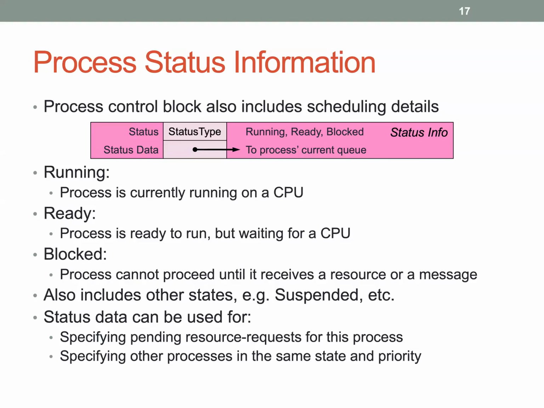If it's running, it may be in no queues because it's actually on the CPU, and the kernel, of course, knows that that process is running. So the status information can keep just one queue pointer for the process because the process is only going to be in one queue.